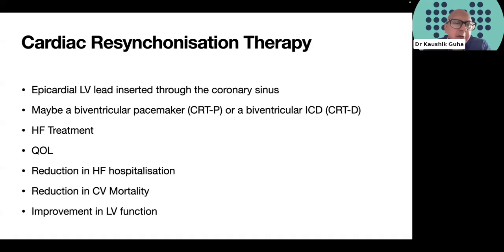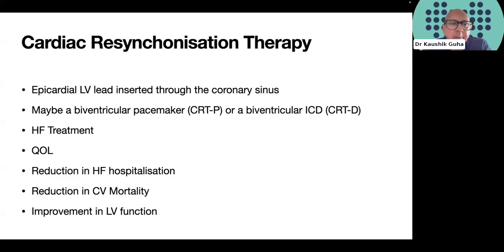Moving on to the second type of treatment from a device, this is cardiac resynchronization therapy, or CRT, and relies on right-sided systems with a left ventricular lead, which is epicardial, inserted through the coronary sinus, which we access through the right atrium and right ventricular interface just next to the tricuspid valve.